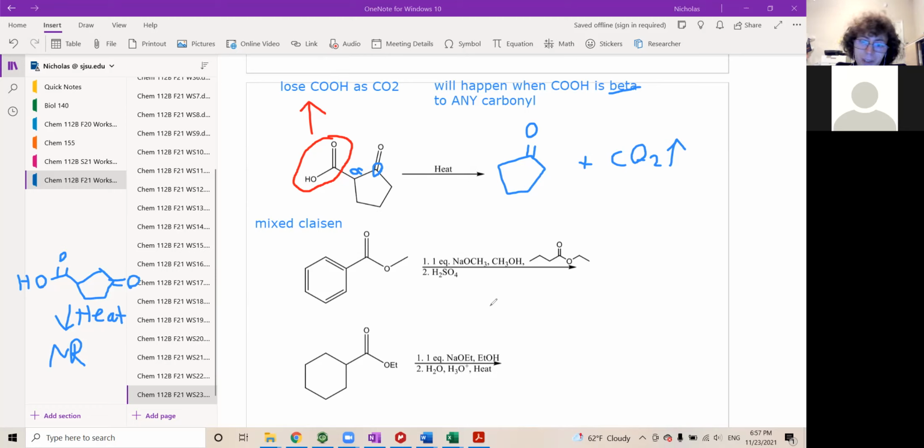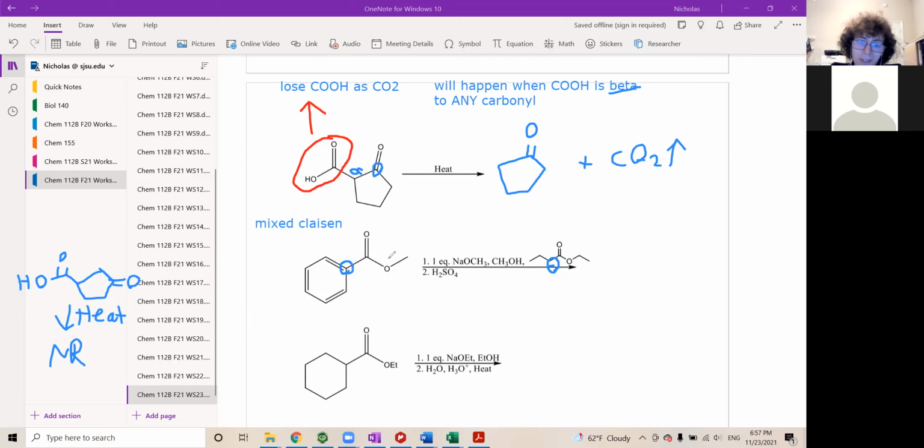Just like mixed aldol, when we do these, we want one ester to be more of a nucleophile and one to be more of an electrophile. And the factors that control it are the same as aldol. In this one, I'm a bit low on time, so I'm just going to say it. The nucleophile is the one on the right, because the ester on the left has no hydrogens at the alpha position.